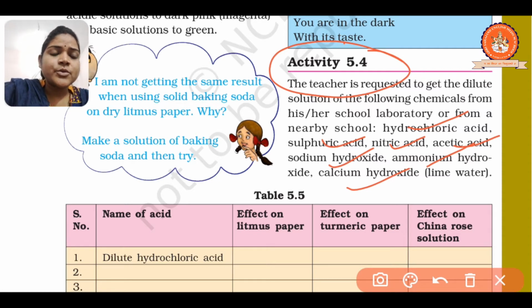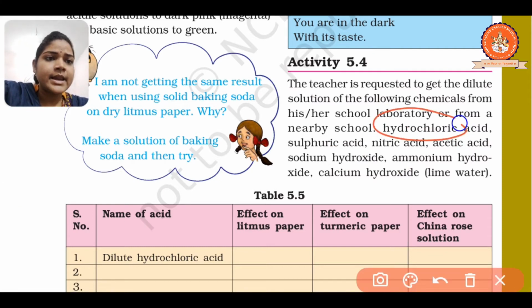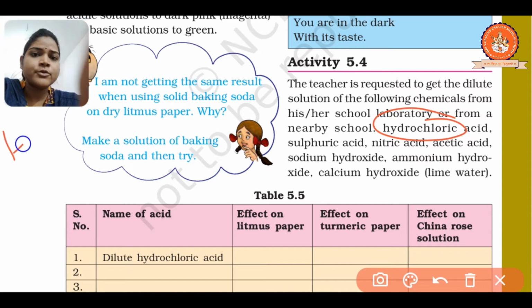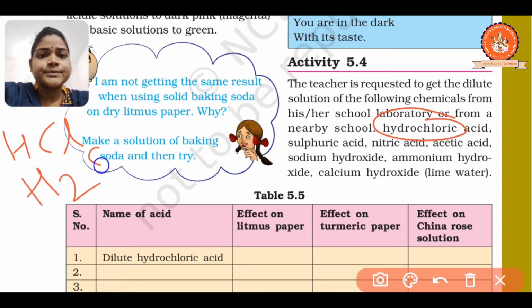The chemical formula of hydrochloric acid is HCl. Sulfuric acid is H2SO4.